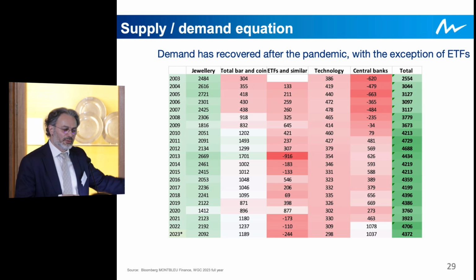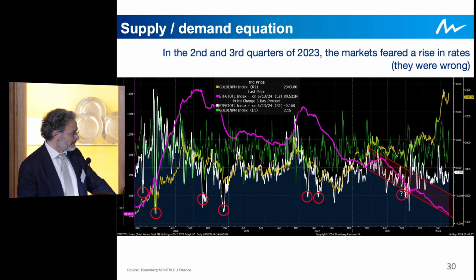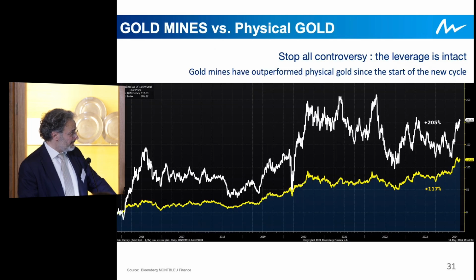The last 2 weeks showed you a demand that is popping up, but right now it's still negative. So imagine what could happen if this side of the demand equation turns positive. Gold will ultimately have to go higher. Since I'm running out of time, I will say one more thing.